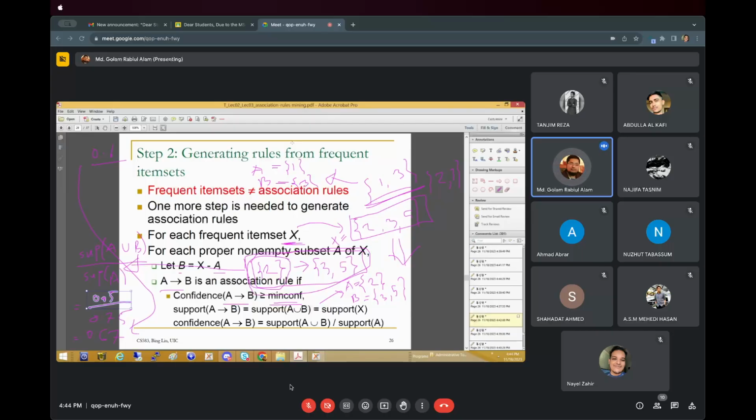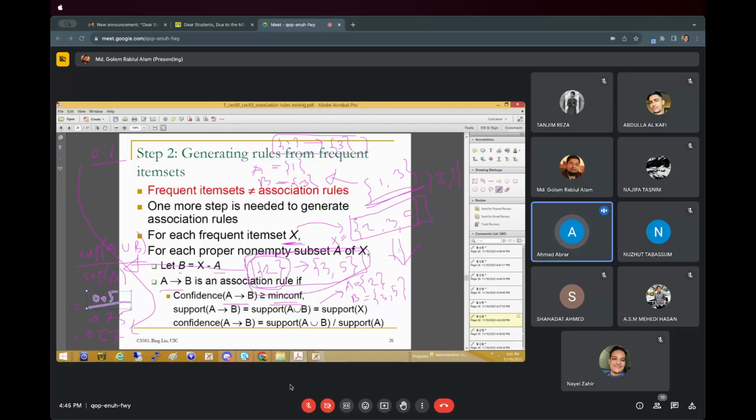And then the rule will be 1 implies 3. So this will be the rule. And we have to test again whether this rule actually holds the minimum confidence threshold or not. If this one passes the minimum confidence threshold, then this can be another rule.